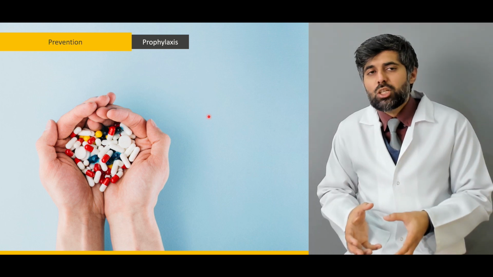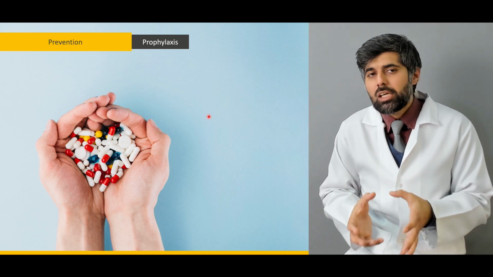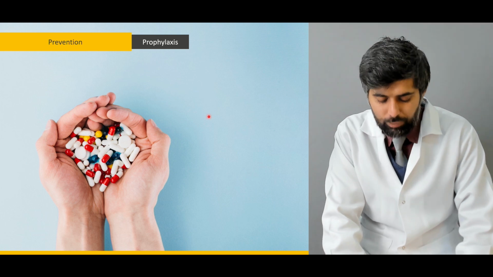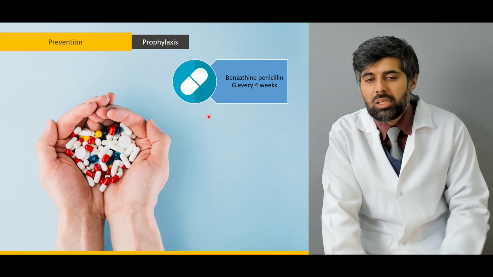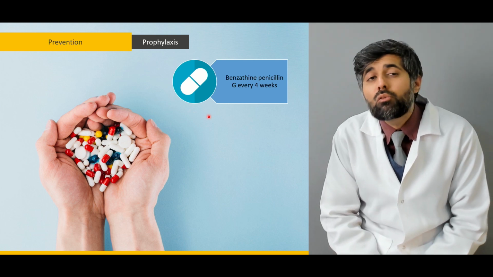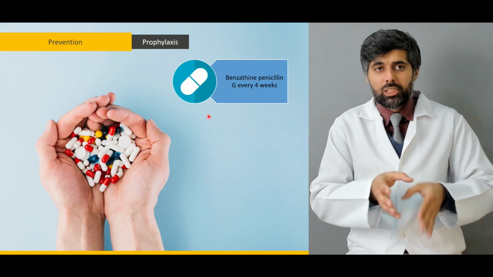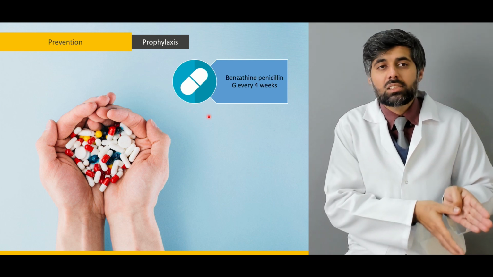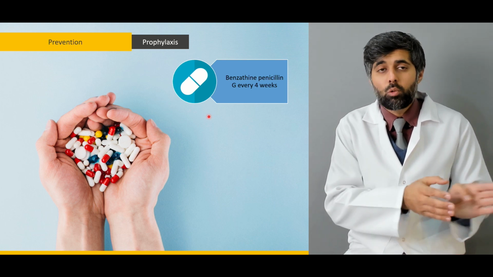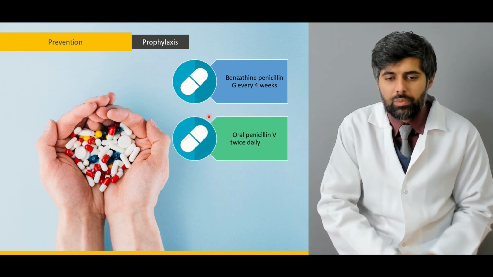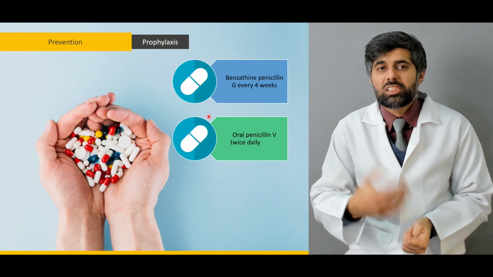The secondary prevention lies in medication. The medication that we give for secondary prevention of subsequent attacks of acute rheumatic fever is benzathine penicillin G, which is given every 4 weeks. Because it is prophylaxis, that's why this penicillin is given every 4 weeks. Or we can give oral penicillin V twice daily.